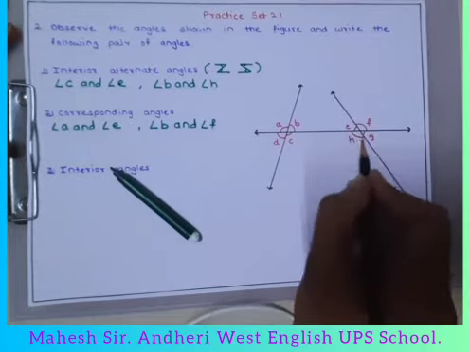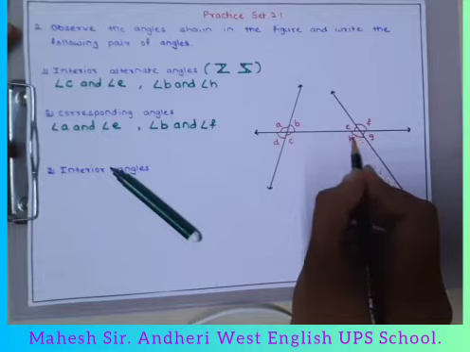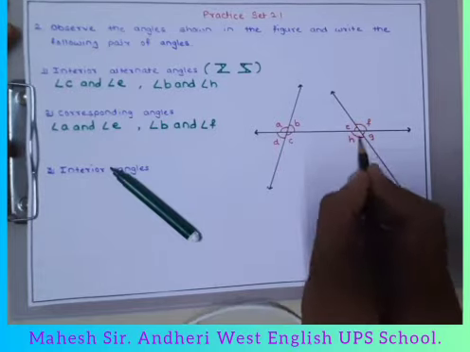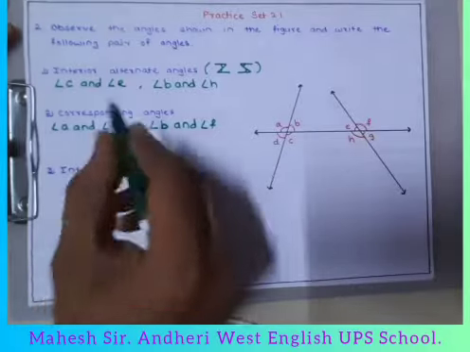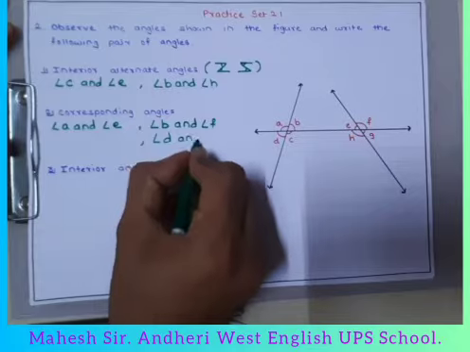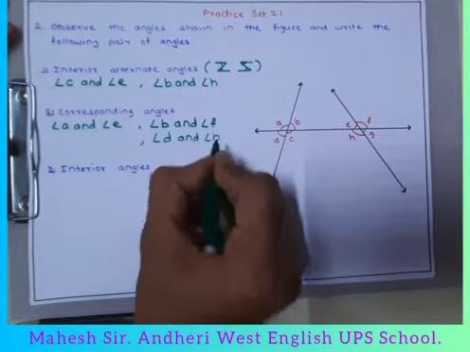In the same way, below the transversal and left to the vertical line is angle H. So we can write angle D and angle H.